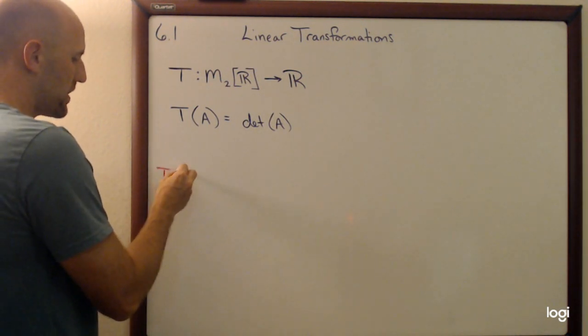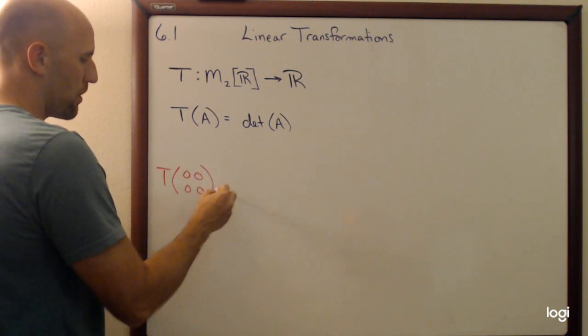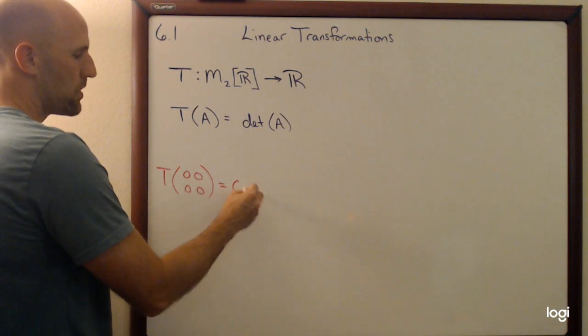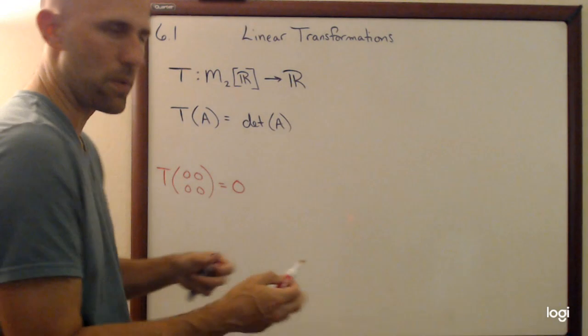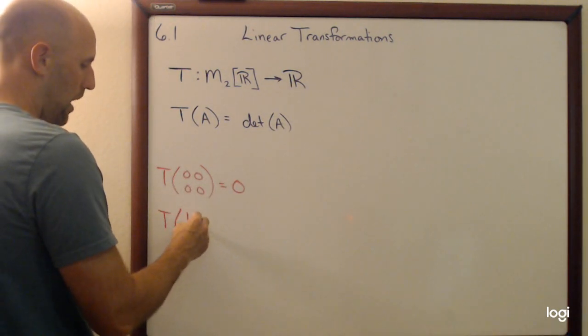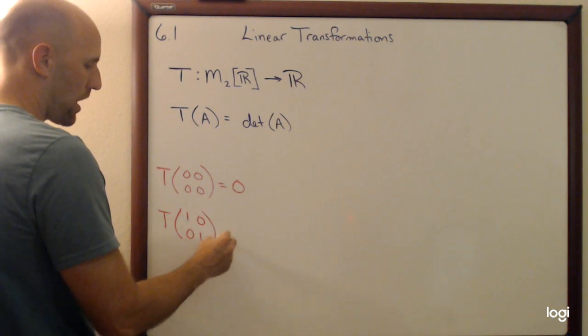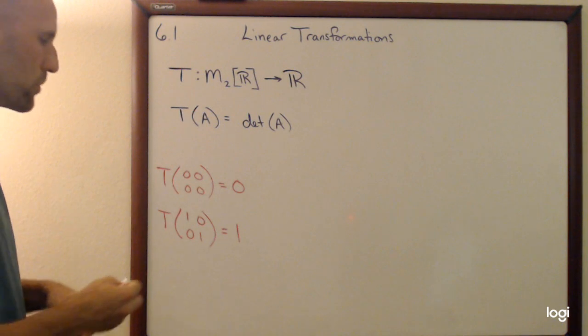So where would T map, let's say, the zero matrix, 0, 0, 0, 0? Well, the determinant of this matrix is 0, right? So this matrix gets sent to 0. Again, it's a map. It goes someplace, right? So how about the identity matrix, I2? Well, that gets mapped to 1. Because, again, the determinant here is 1.